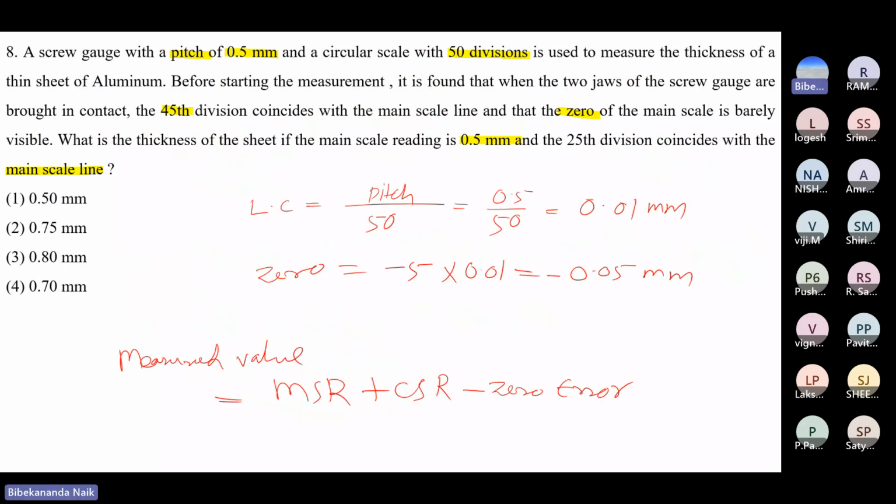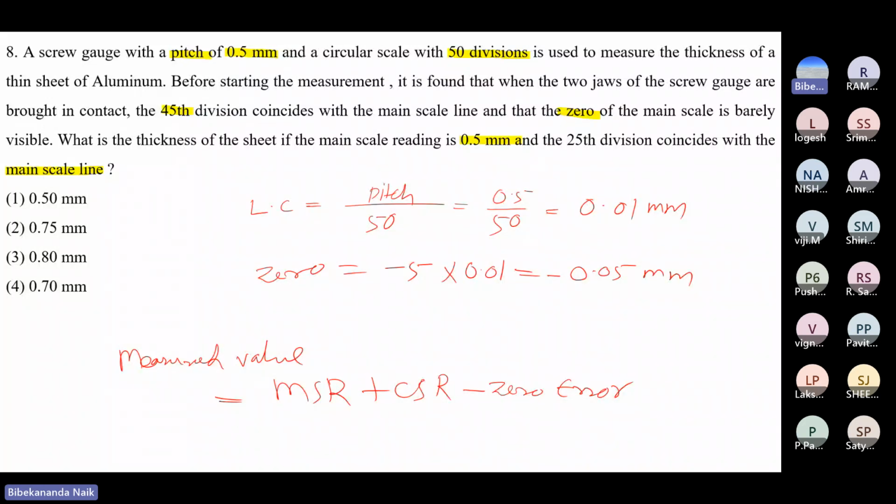So the question was, the screw gauge has a pitch of 0.5 mm and the circular scale has 50 divisions. When you calculate the least count, it will be 0.5 by 50, so it is 0.01 mm. And this screw gauge is being used to measure a thin sheet of aluminium. Before starting the measurement, the initial reading was the 45th division coinciding with 0.